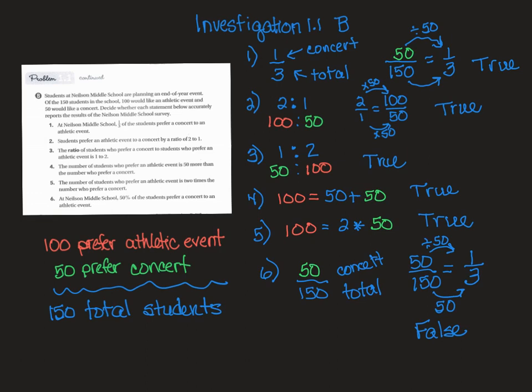Okay, and so the big thing to remember here is, did you compare the people in the concert to the entire student body? Okay, because in the way it's worded, 50% of the students prefer a concert to an athletic event. 50% of the students, of the total students, prefer the concert. Okay, and so that would be false.